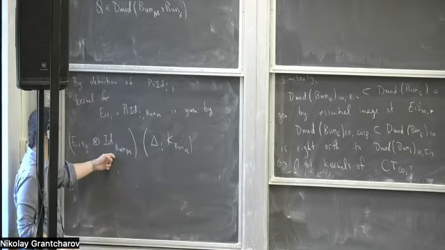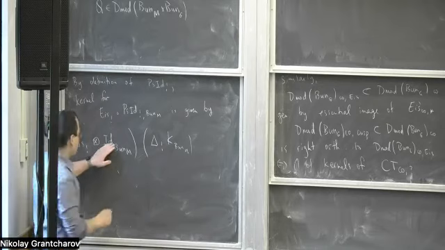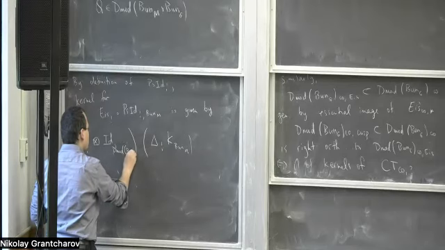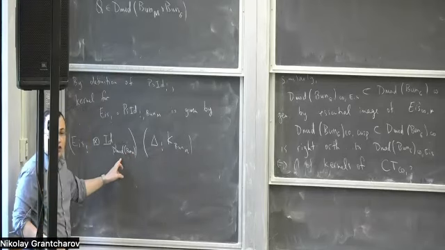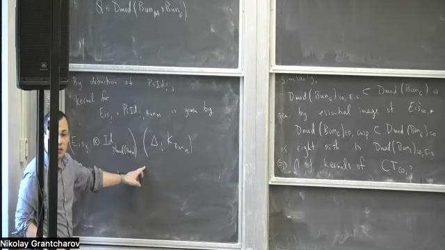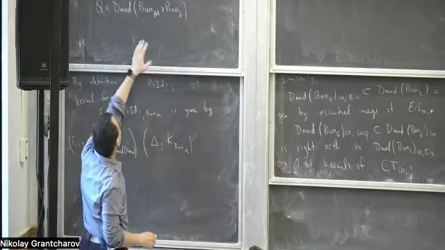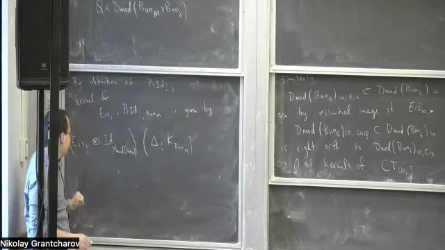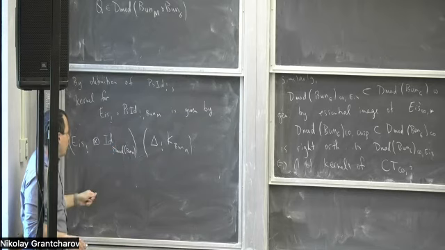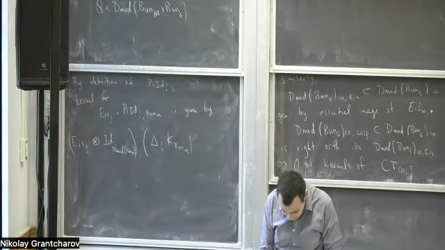This is a functor from D-modules on BunM tensor D-modules on BunM to D-modules on BunG tensor D-modules on BunM. I swapped the factors, but no matter. So this is what we want to do. But now, what is the point?